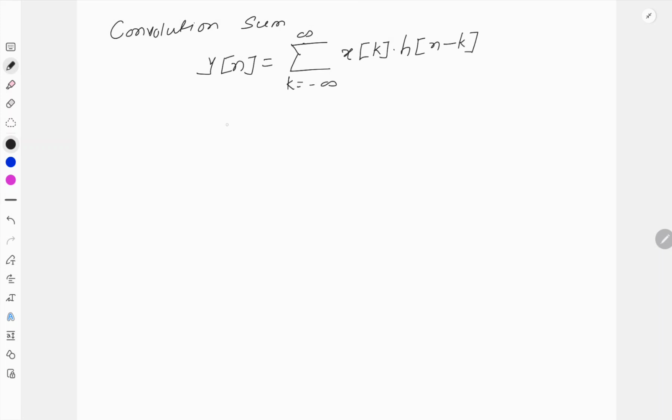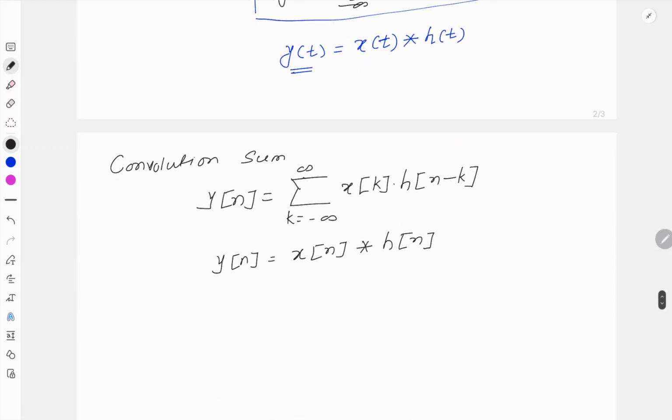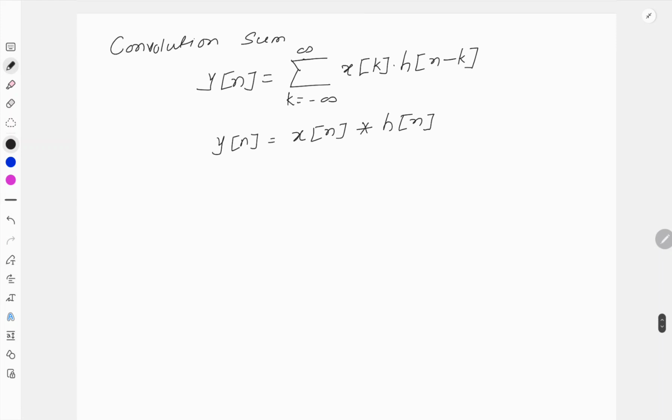On the same ground, this y of n can be represented as x of n convolving with h of n. So these are the concepts of the convolution sum and the convolution integral.